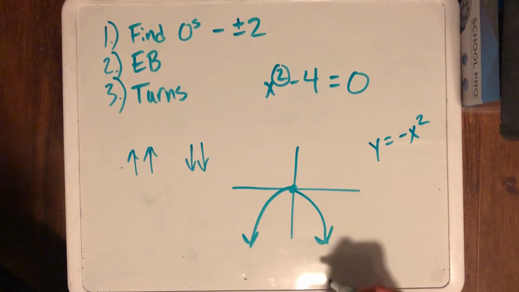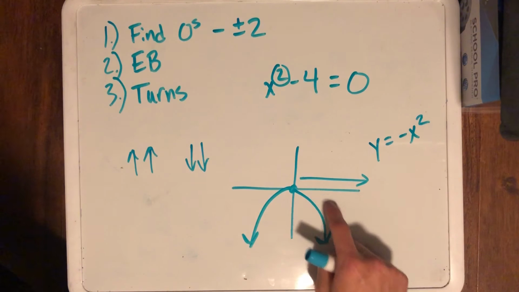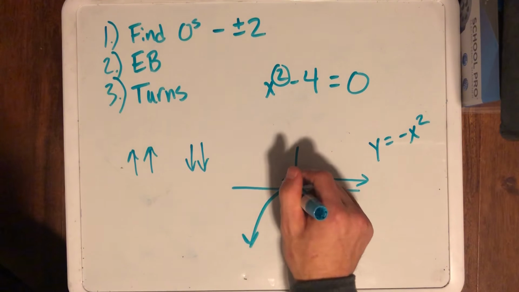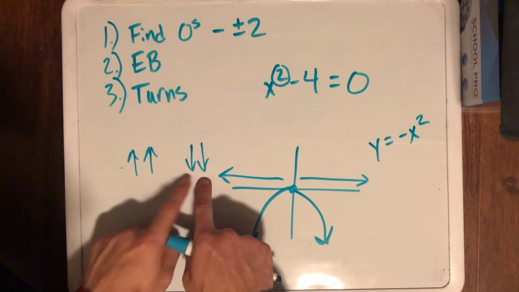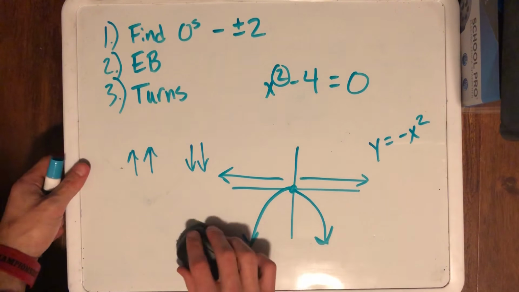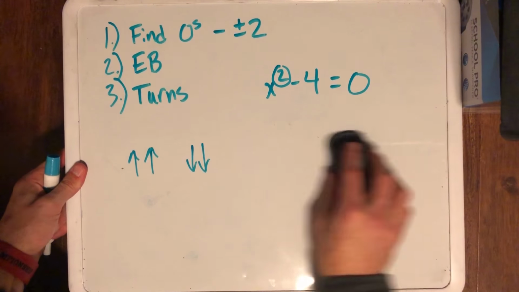So now as we go really far to the right, our graph is going really far down, and as we go really far to the left, our graph is also going down, which would look like this.